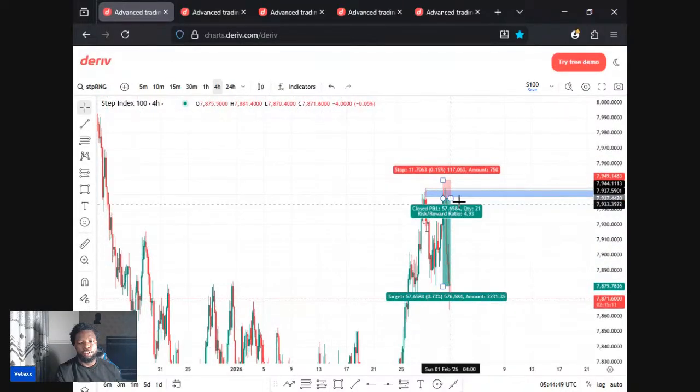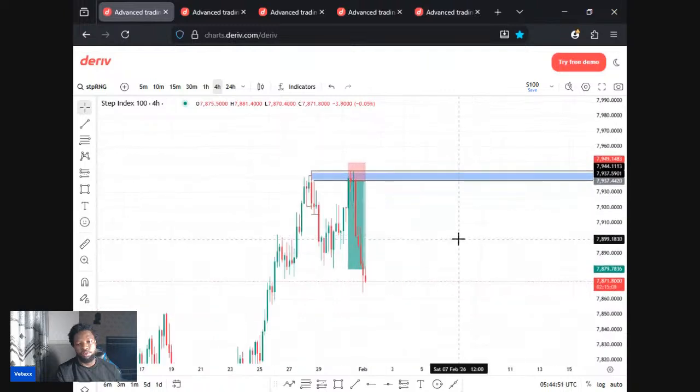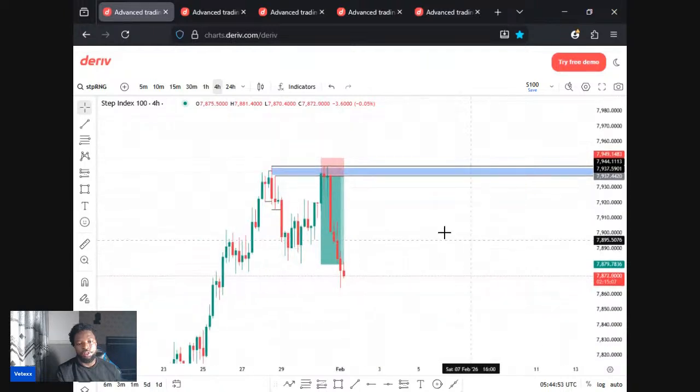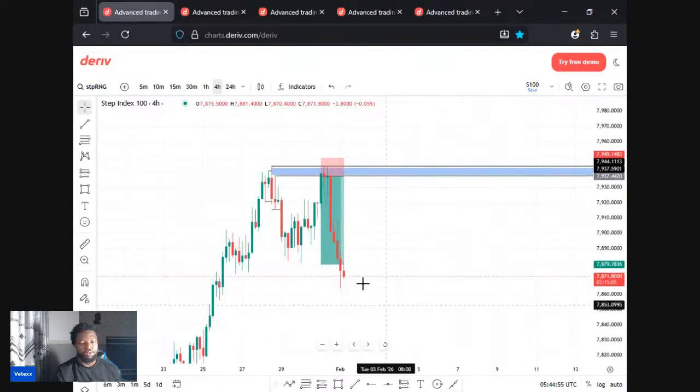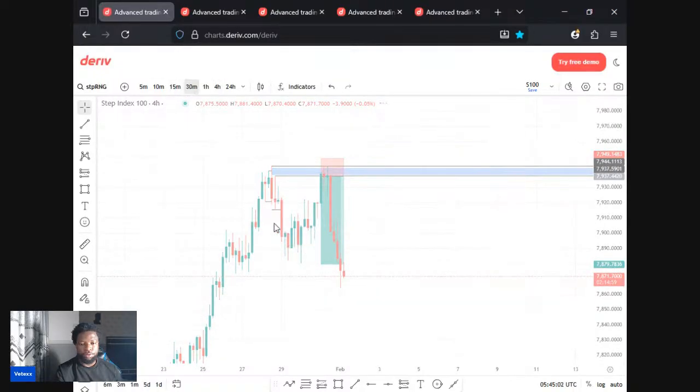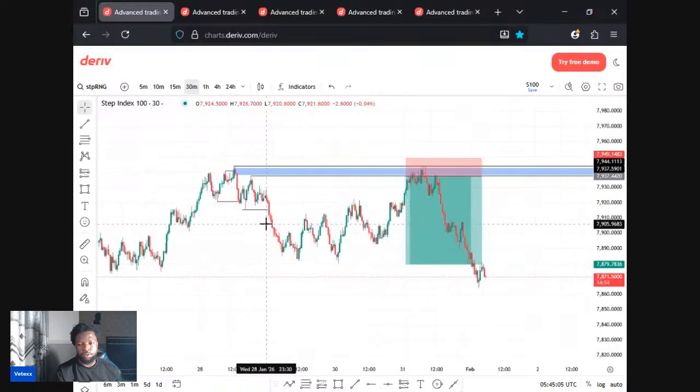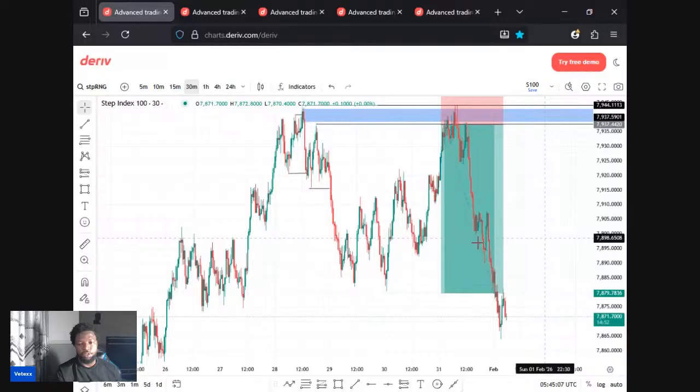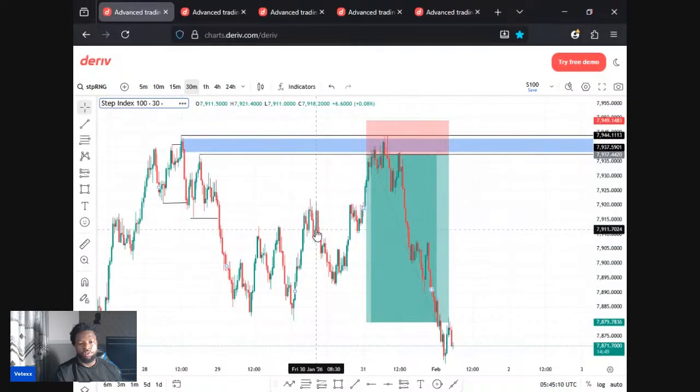I would have taken this trade. It would have been one of the best trades we have taken. But of course, it didn't do that. So we are going to move on to the next pair.